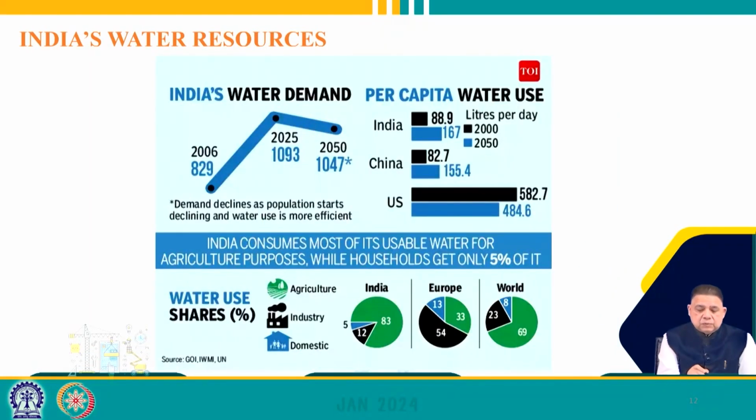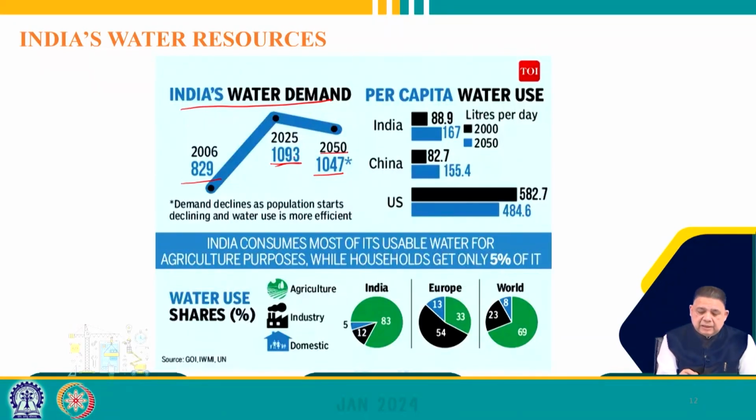Looking at India's water demand, which was around 829 billion cubic meters in 2006, that is projected to go up to 1,093 billion cubic meters in 2025, and it is projected to be 1,047 by 2050.